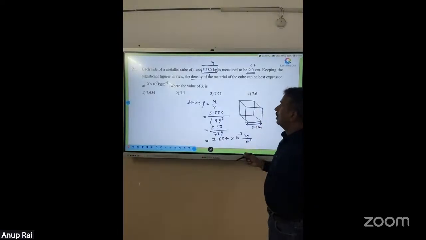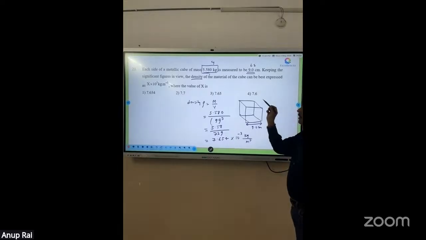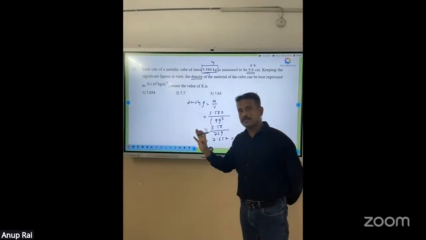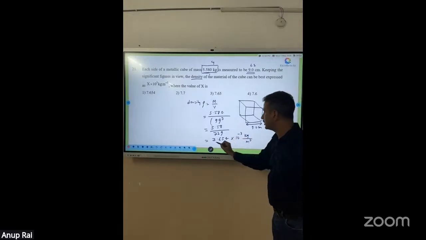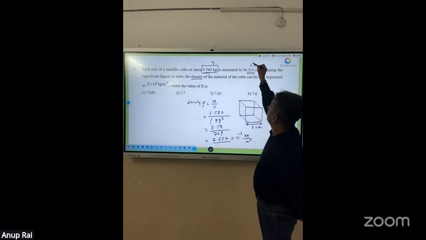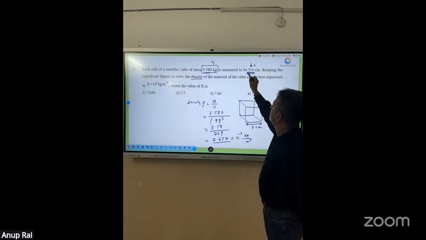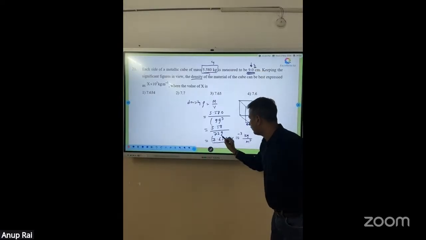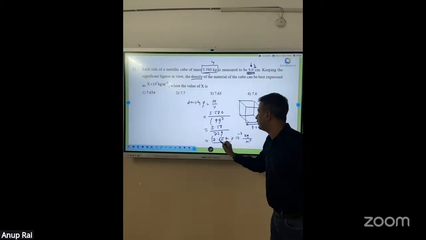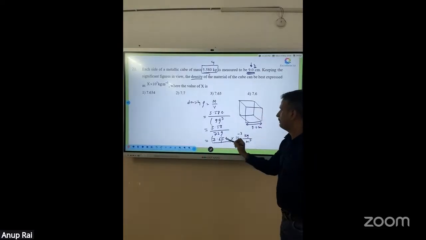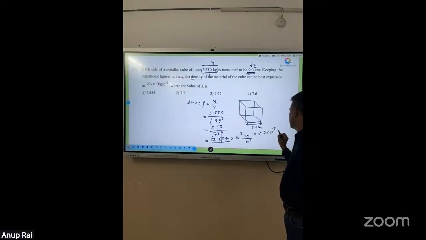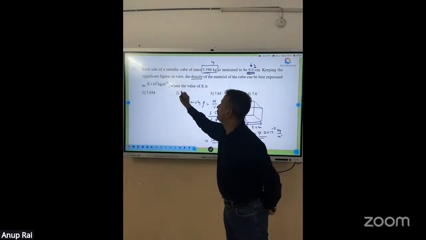Now we need to express it in proper significant figures. How do we decide the significant figures? In case of division, we need to take the least number of significant figures. The least is 2 here, so we need to round it to 2. So it will become 7.7 into 10 power minus 3. So the answer should be 7.7.